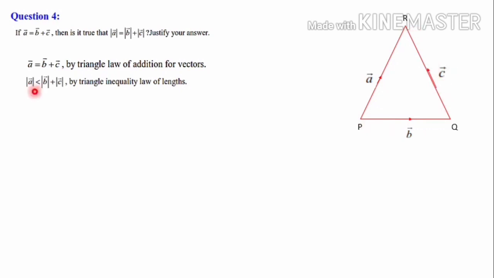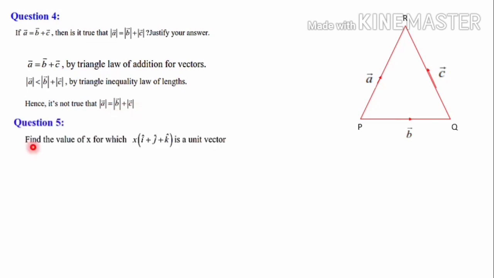So modulus of A, the length of the side PR, will be always less than the sum of the other two sides' lengths. That is modulus of vector A is less than modulus of vector B plus modulus of vector C by the triangle inequality law of lengths that you have studied in class 9. Hence it is not true that modulus of A is equal to modulus of B plus modulus of C.